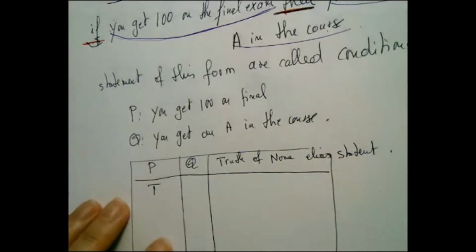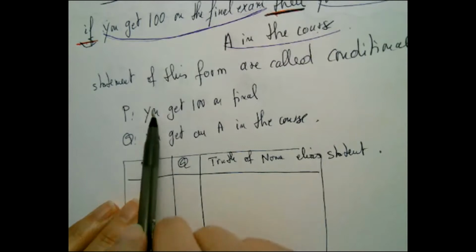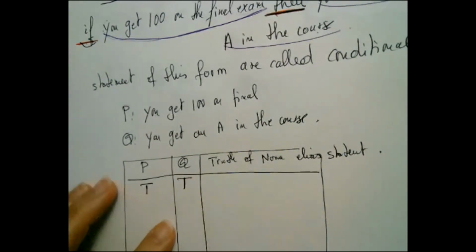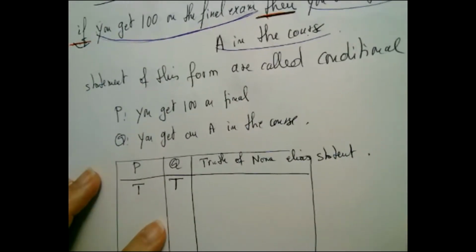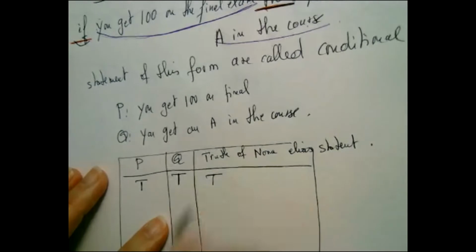Suppose the following happens. You get 100. I give you an A. Will my statement be true, yes or no? Am I being faithful or am I lying? True, no problem.